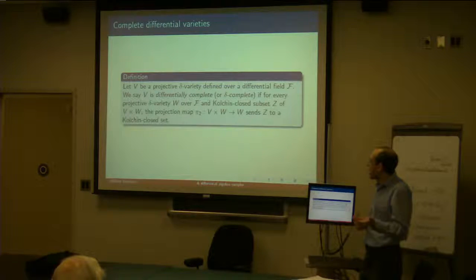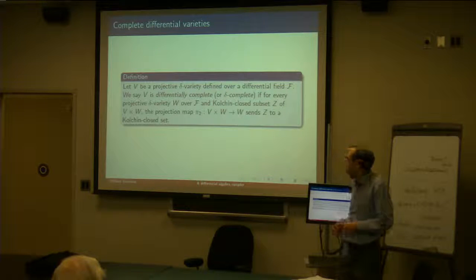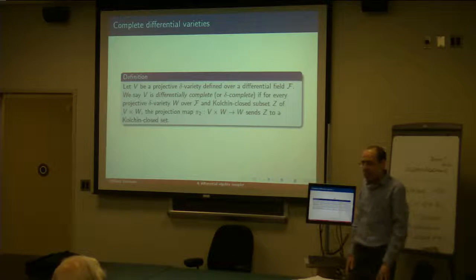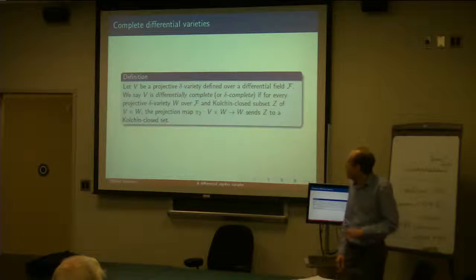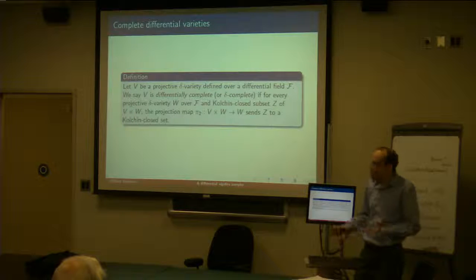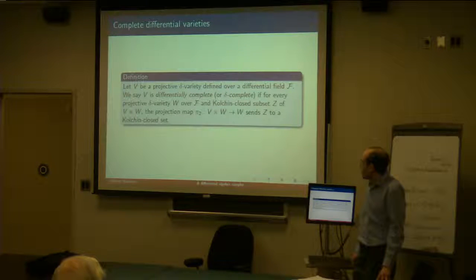It's complete if when you take any other projective differential variety and you take a closed set of the product, then the projection into the second factor takes closed sets to closed sets, so defined by differential polynomials. And closedness is a local property, and so we can assume that the second factor is, say, affine space if we need to. That could be convenient when necessary, and in fact that's what I'll usually assume.